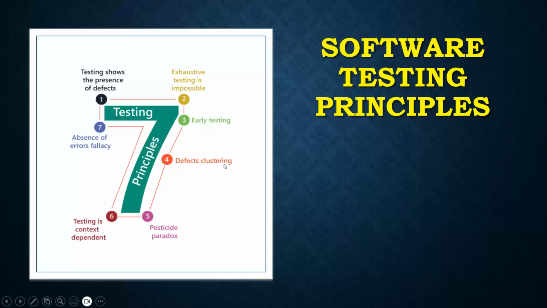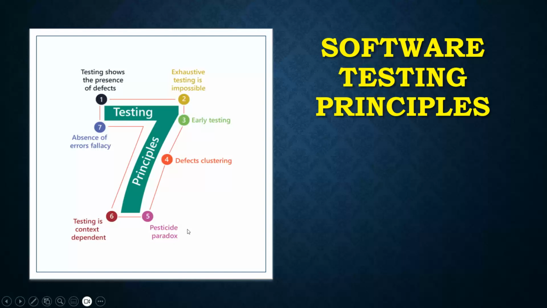So you should have the knowledge of defect clustering. Once you find defects, let's say you find 5 defects, out of 5, how many are very important, high priority, medium priority, low priority? You should have the knowledge to prioritize those defects. That principle is known as defect clustering. Pesticide paradox is basically similar to the defect paradox.